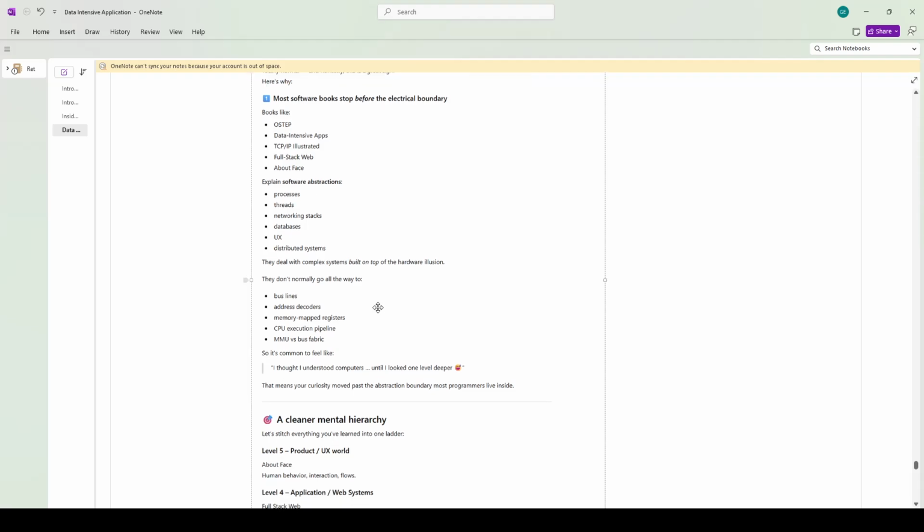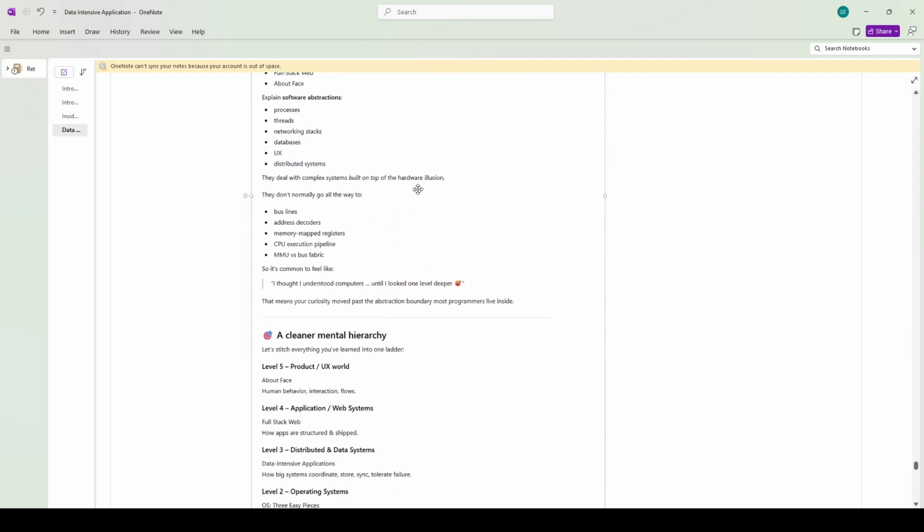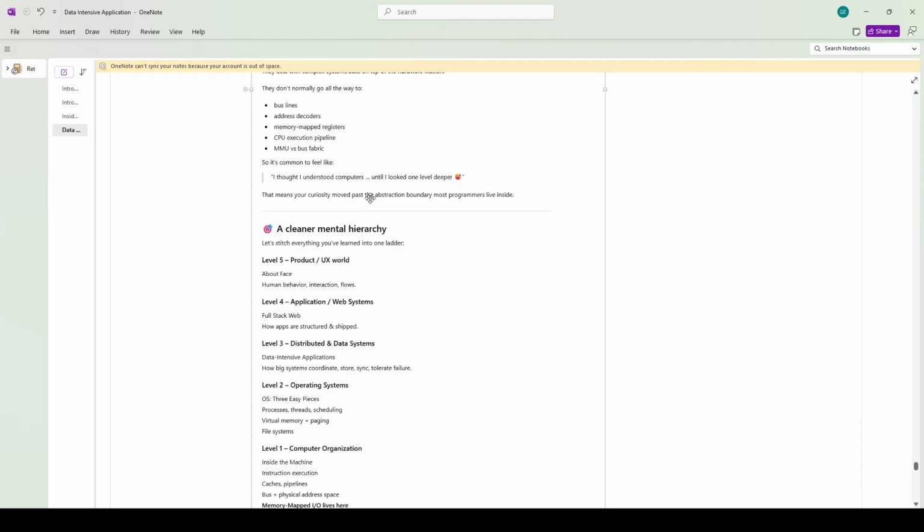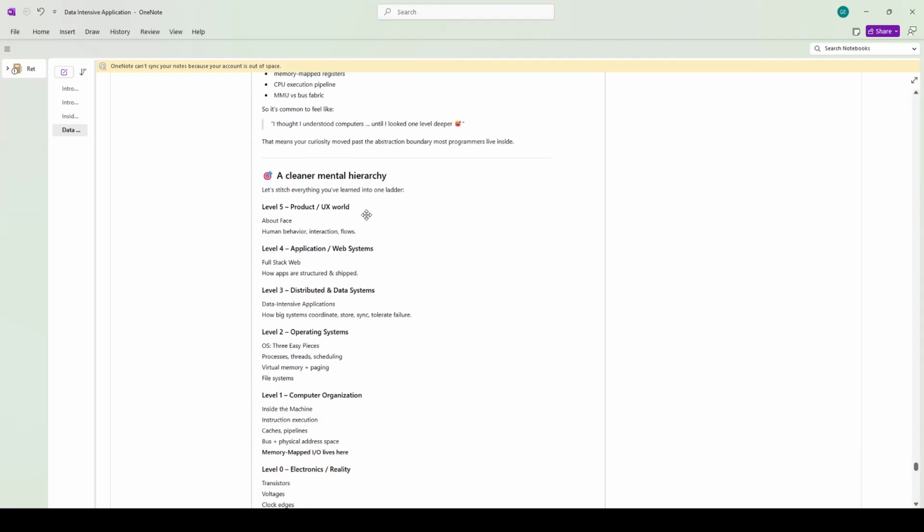They deal with complex systems built on top of the hardware illusion. They don't normally go all the way to bus lines, address decoders, memory-mapped registers, the CPU execution pipeline, MMU versus bus fabric. So it's common to feel like you understood computers until you look one level deeper. That means your curiosity moved past the abstraction boundary most programmers live inside.